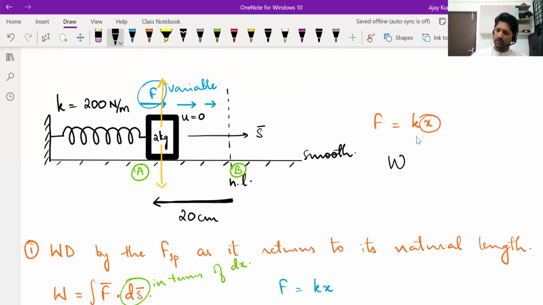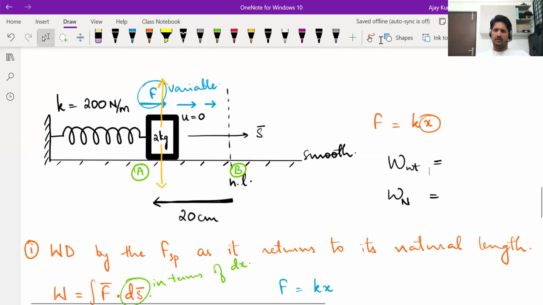So how much is the work done by weight in this displacement? How much is the work done by normal force during this displacement? How much are the work done by weight and normal force during this displacement? 0, sir. We'll see.